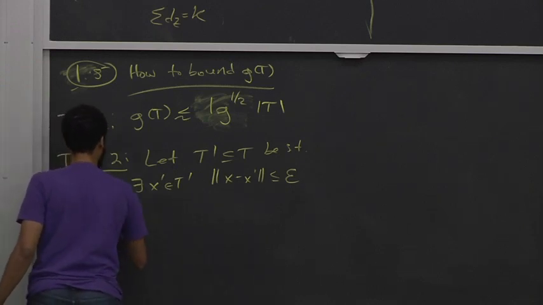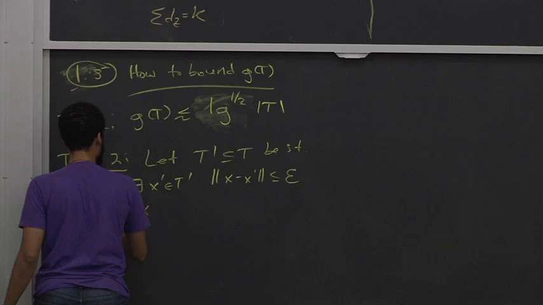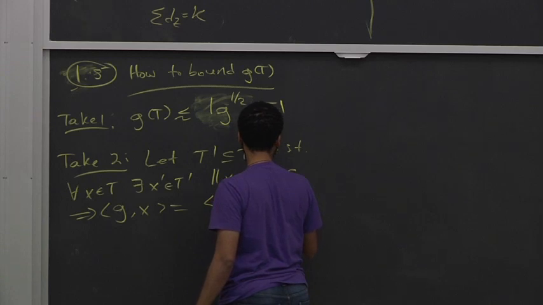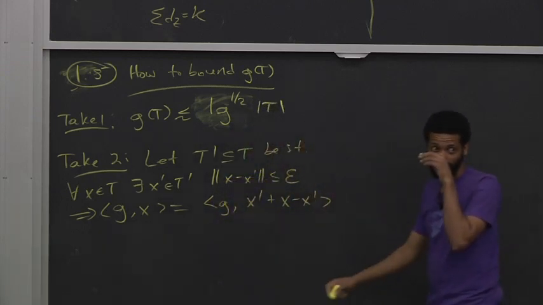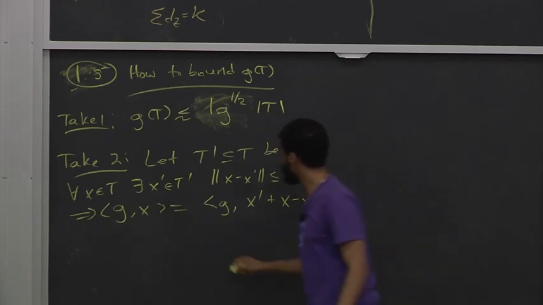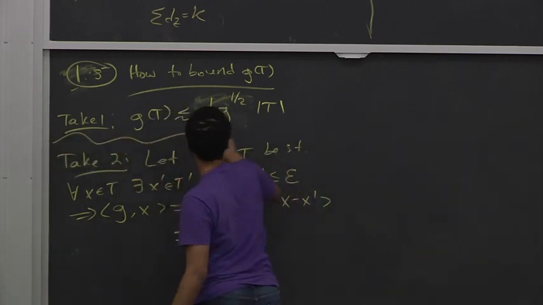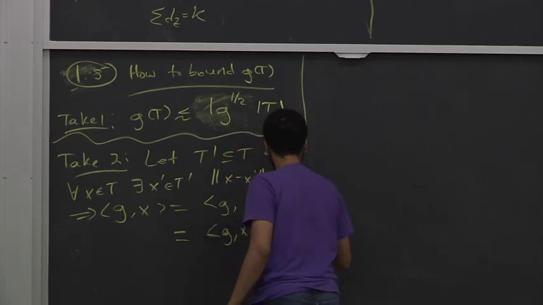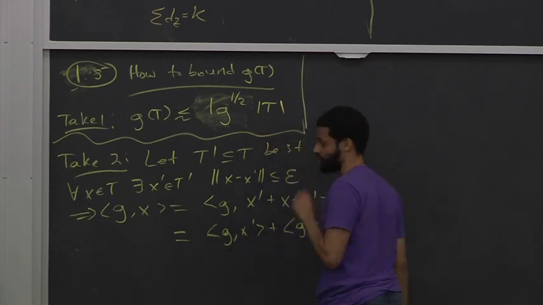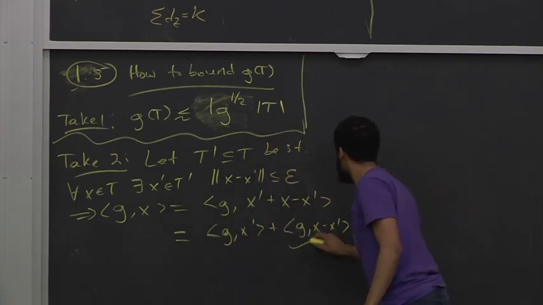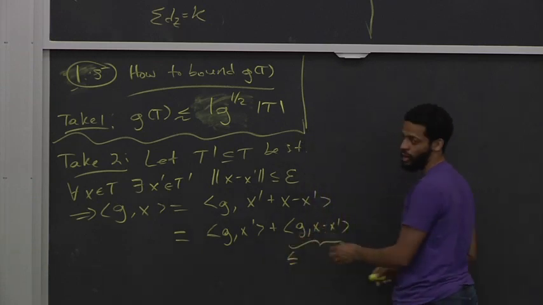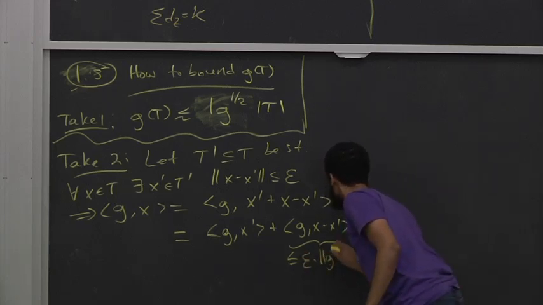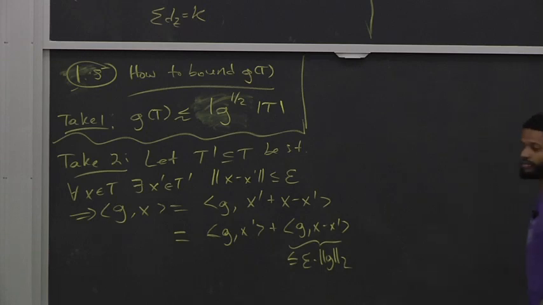This implies that g dot x is equal to g dot x prime plus g dot (x minus x prime), where I just added 0 in a funny way. And whenever you take the dot product of two vectors, it's at most the product of their norms. So this is at most epsilon times the norm of g.